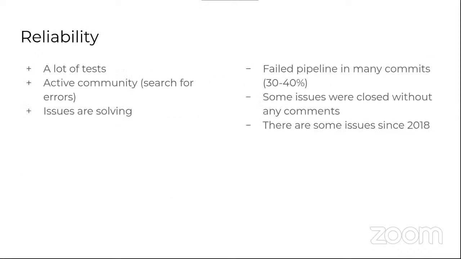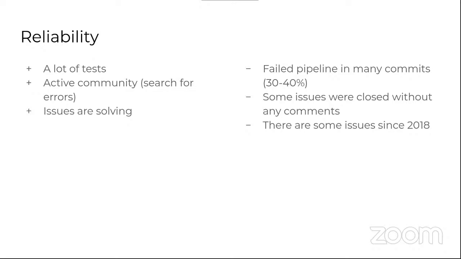Reliability. The plus is that you have a lot of tests, especially for Go. Also, you have an active community that searches for bugs for you and creates issues, and such issues are solved in time. But you have a failed pipeline in many commits, like 30 or 40%.